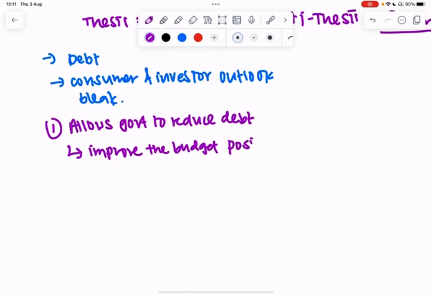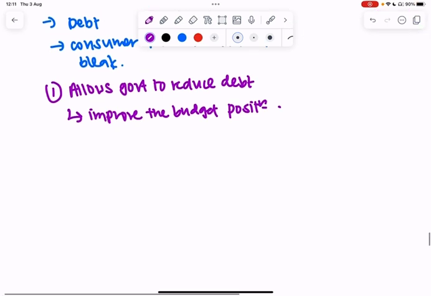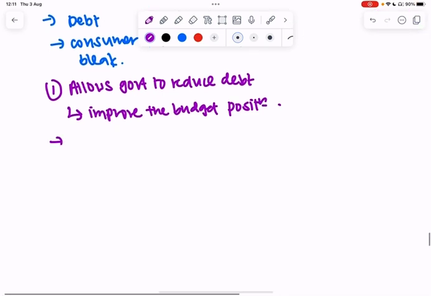And we know that when you improve the budget position and reduce the debt that the government has, in the long run, it can actually help to boost a country's economy.